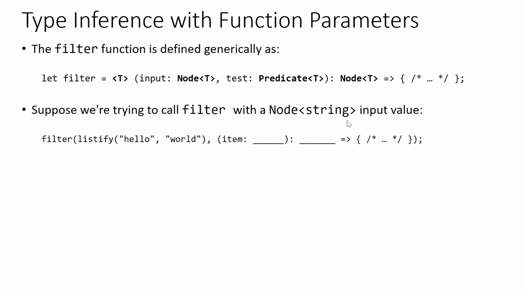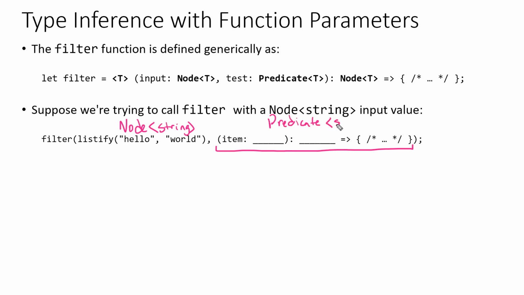So if we are trying to figure out what is the call to filter below, what do the types need to be for this function literal? If I highlight the function literal here, well, considering this definition of filter, if the list here is Node<T>, this is going to be Node<string>. So that means that the second parameter here must be Predicate<string>.